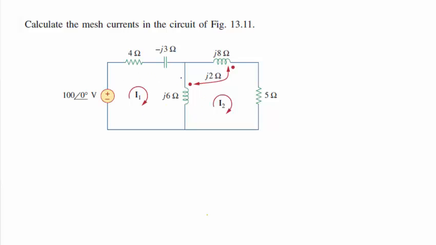Loop 1 has I1 going into this coil, so this induces a voltage in the other coil, which is this J8 coil on loop 2. So what does it induce? I1 is going into this coil, into the dot. That means the induced polarity is positive at the dot of the other coil, and the size of it is J2I1.